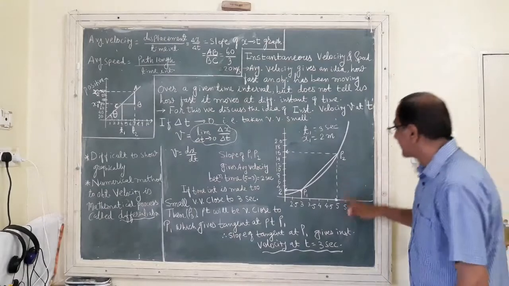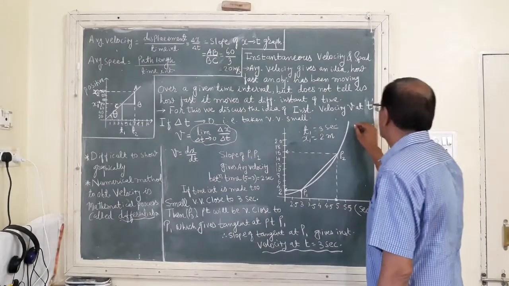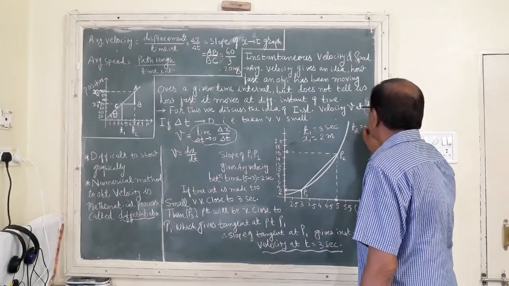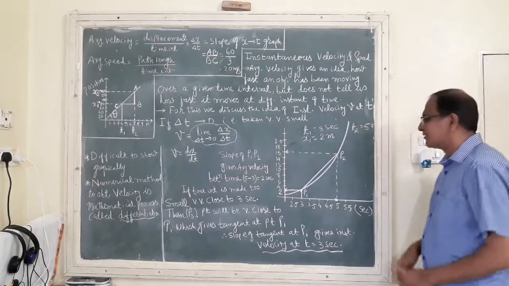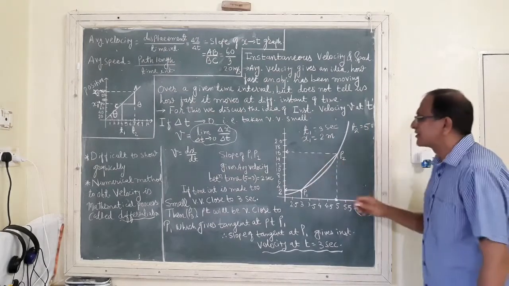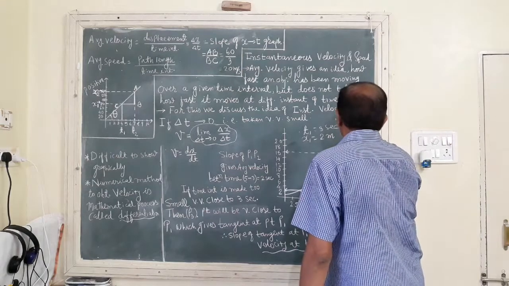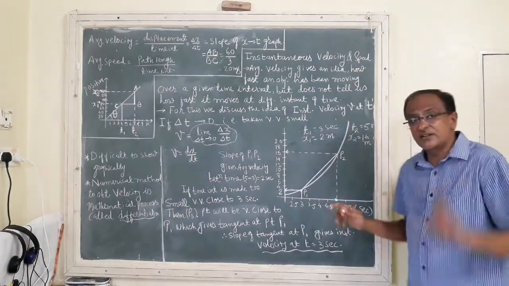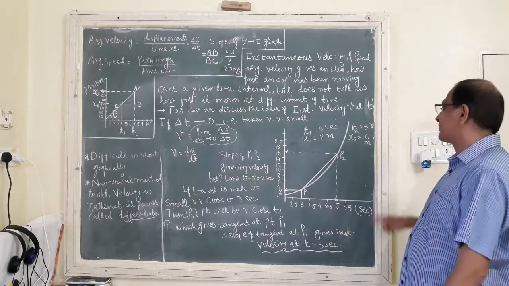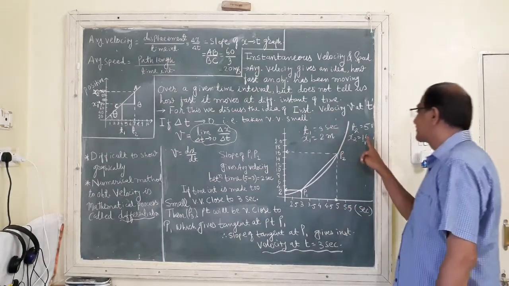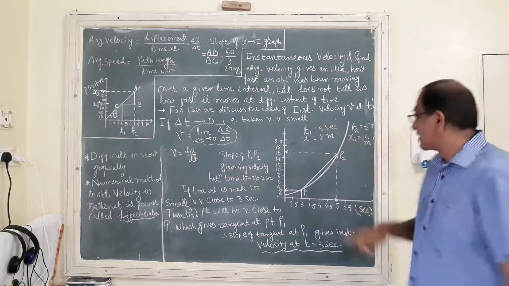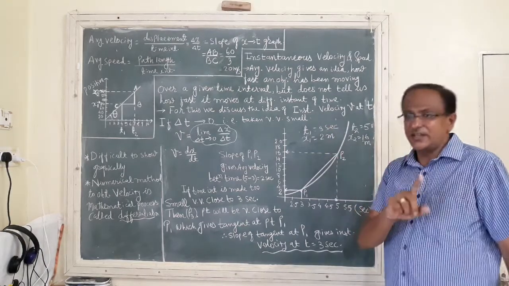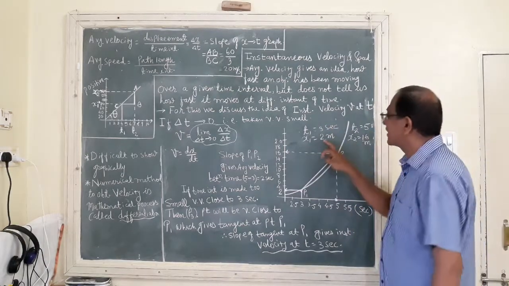Now finally at 5 seconds, so t2 is equal to 5 seconds, and at that time the position x2 is equal to 16 meter. So this is a time interval of 3 seconds and the distance covered is 16 minus 3, that is 13, divided by 3.